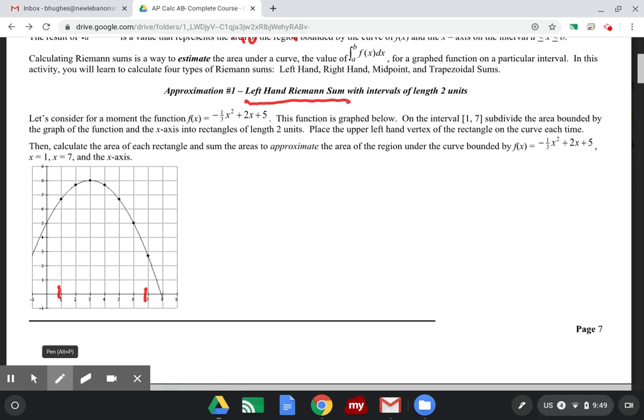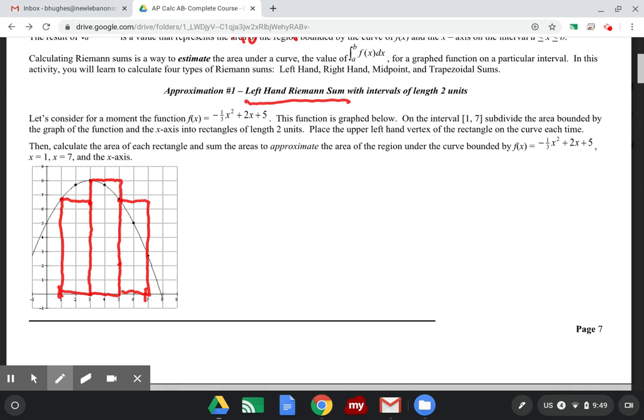If I were to draw this, my first one, starting at 1, the top left-hand corner of my rectangle touches the curve. Then I draw the next one, with its top left-hand corner on the curve, and then the last one is right there.